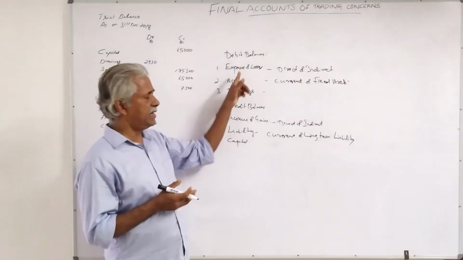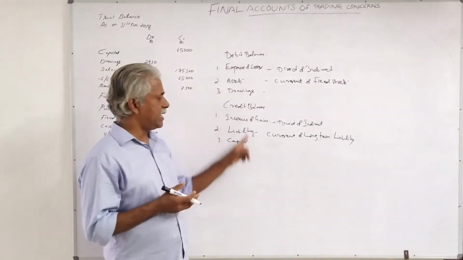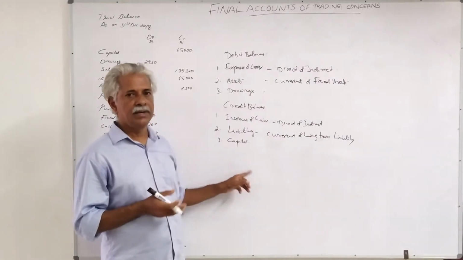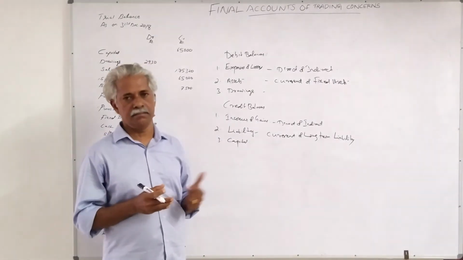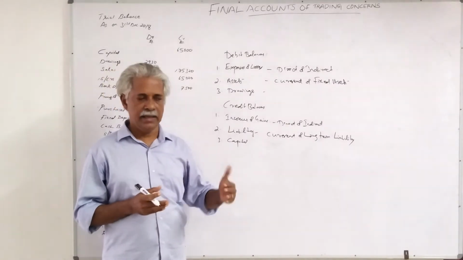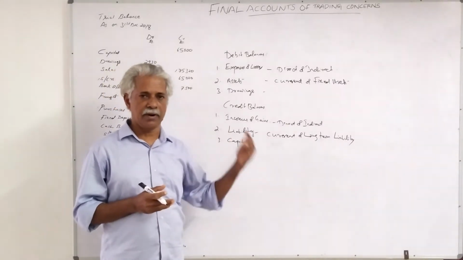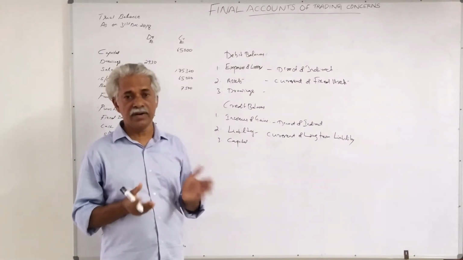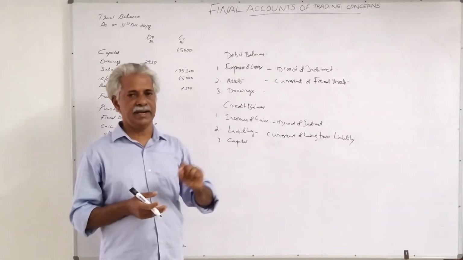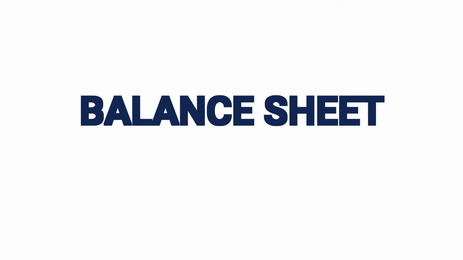Awareness of the division into these categories is essential to decide whether a particular item is to be taken in the trading account, in the profit and loss account, or in the balance sheet. After that, on which side it is to be taken.